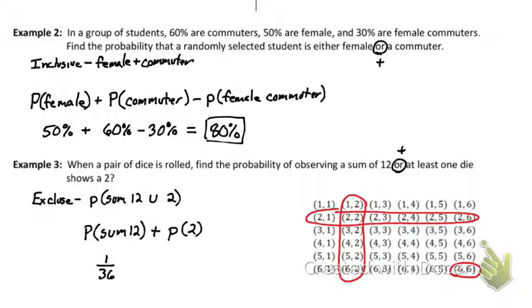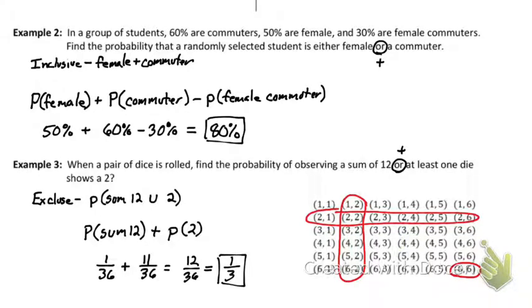So we're going to have 1, 2, 3, 4, 5, 6, 7, 8, 9, 10, 11 different ways to show a 2. So that'd be 11 out of 36, which would equal our 12 over 36 equals 1 over 3.